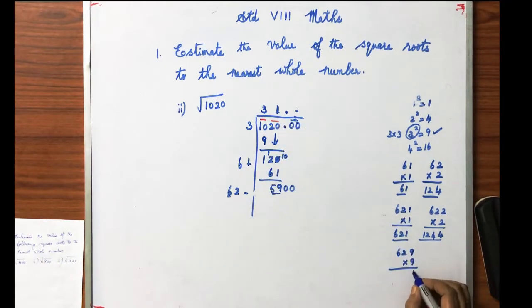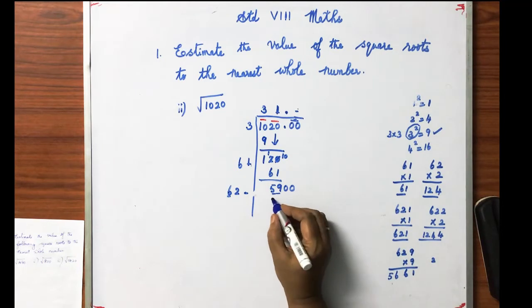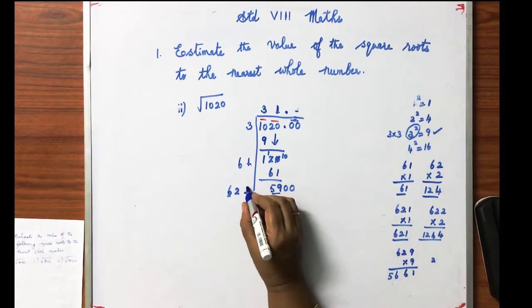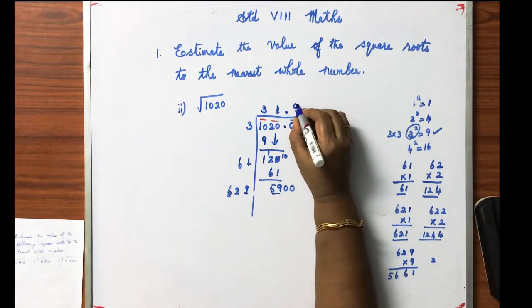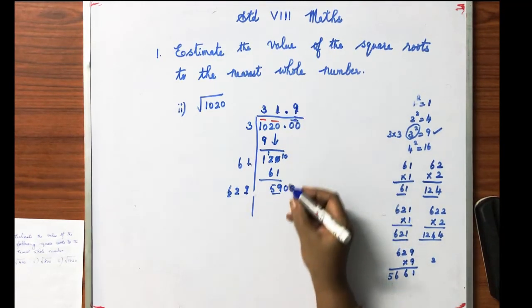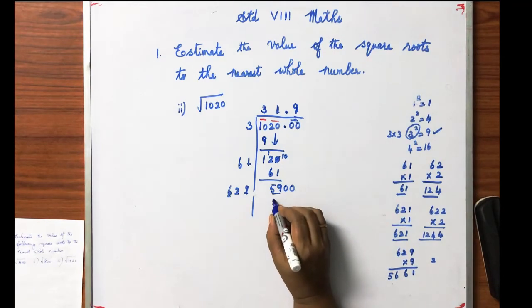So 9 9s are 81. 2 9s are 18. 18 plus 8, 26. 6 9s are 54. 54 plus 2 is 56. So this number is less than 5,900. So the number which is suitable is 9. Same 9 should be written on the top.